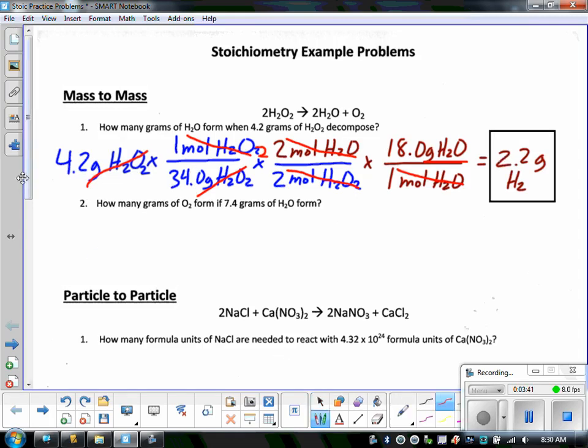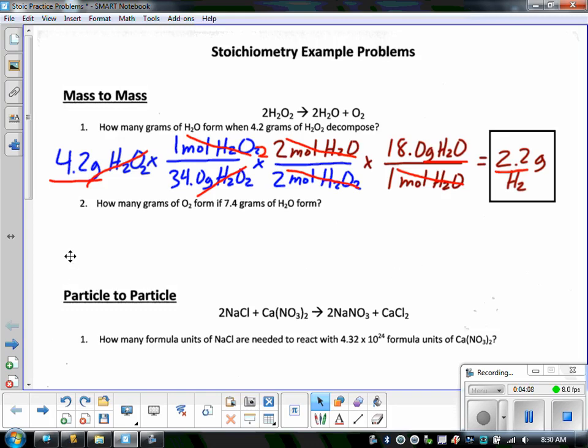Remember that your beginning number is 2 significant figures, so your answer needs to be 2 significant figures. Notice in each step, I've written out the substance, H2O2, H2O2, H2O2, and then H2O. You should get in that habit, especially in the assignments that you turn in to me, because that's what I'm going to be looking for. That way you're sure that you're converting from one substance to another.